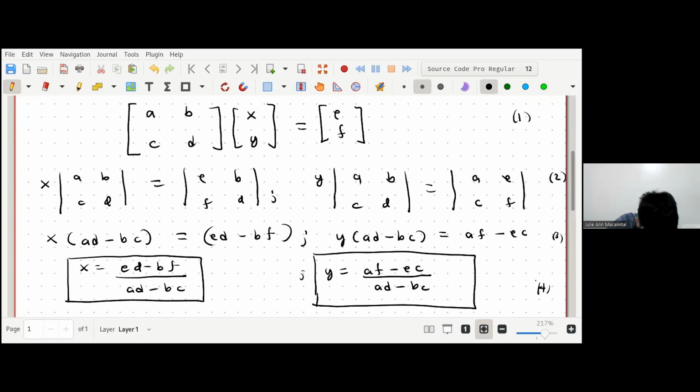Na-encounter mo na ba itong determinant unknowns? Oo. Kaya may mga conditions na may solution. The solution does not exist kapag ang determinant nung ito, yung determinant na to, does not exist. So if this determinant, yung A, B, C, D, does not exist, hindi siya independent system.